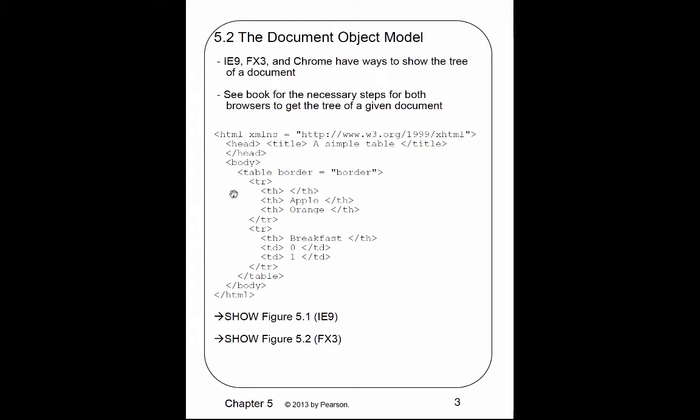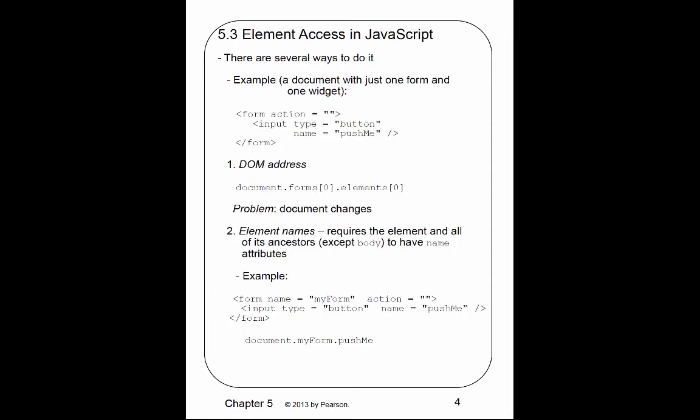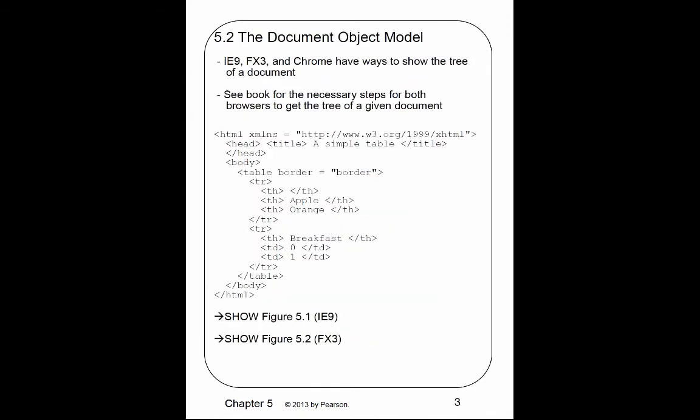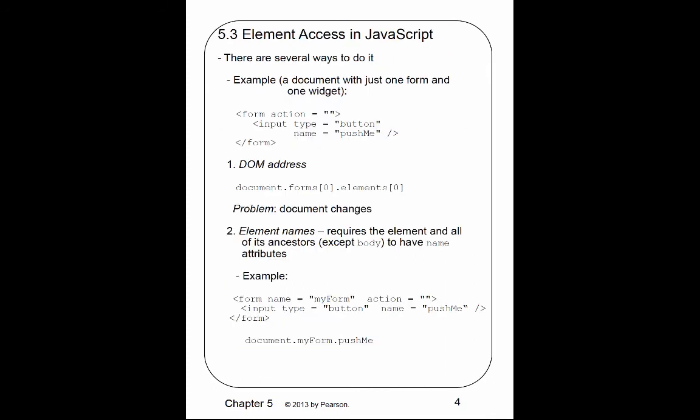So there's a hierarchical structure, and you can imagine a tree-like data structure that corresponds to this HTML structure. And that standardized data structure is called a DOM, or document object model. By using this DOM, you can refer to elements within the HTML document. So you start with document, which is a built-in object called document.